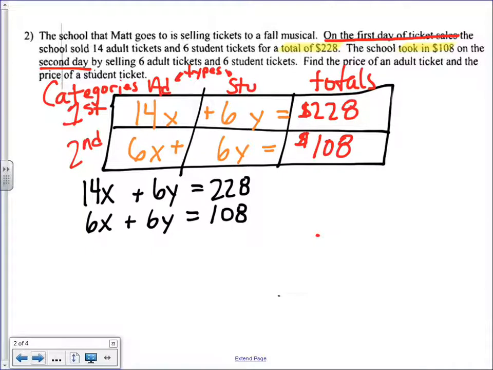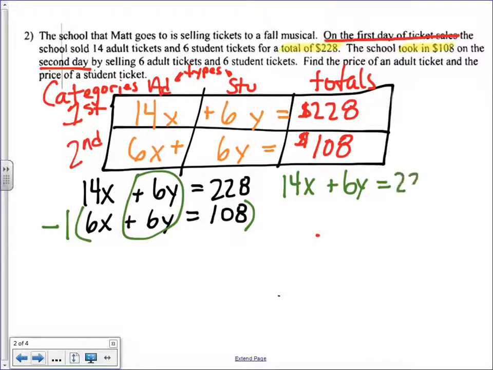Now, here's the cool thing about this one. Notice that I can use elimination, and the only thing I have to change is the bottom equation. Because, look, I already have 6y and 6y, so I just have to make it a negative 6y. I want those to be inverses. So the top equation doesn't change: 14x plus 6y equals 228.